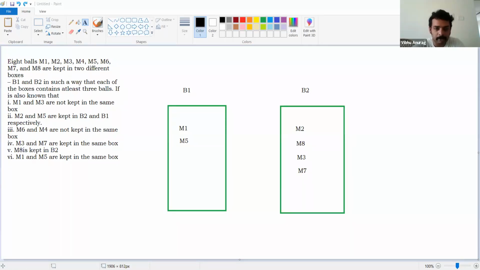So we can't take information from one question to solve the other question. 51 is an independent question. 52 is an independent question. So we can't use this information. So even if you ask it directly, you will get 5 balls in B2. Because either M6 will come here or M5 or M4 will come here. Understood? Either of the two will come anyway.